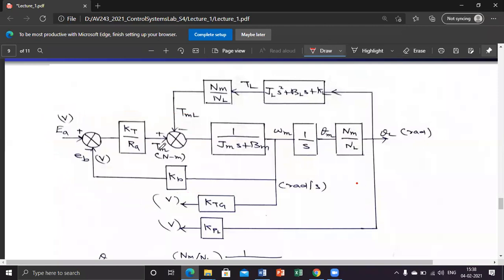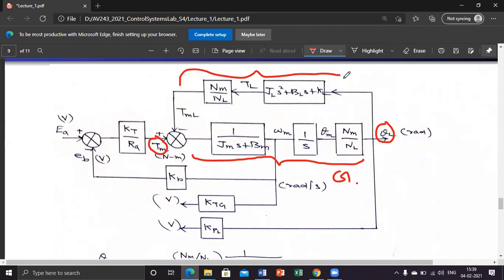That is, we are now considering input as Tm and output as theta L. This is a feedback connection loop where this much is the forward path transfer function G, and this is the feedback path H.